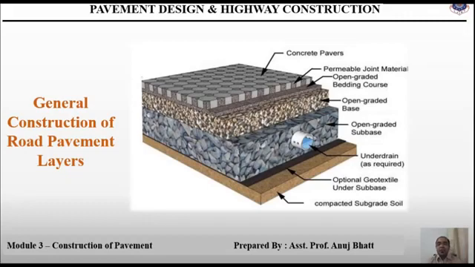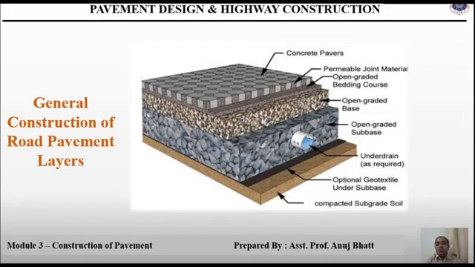If it reaches the subgrade soil, it will loosen the subgrade soil, and that will create damage and a problem in the construction of the pavement. So we need to remove, or else divert, this water. So drainage is required in the construction of the pavement.